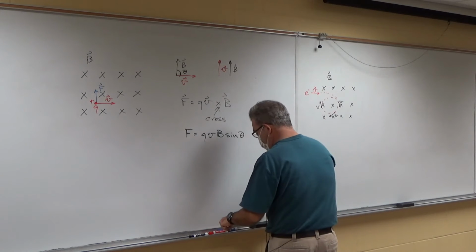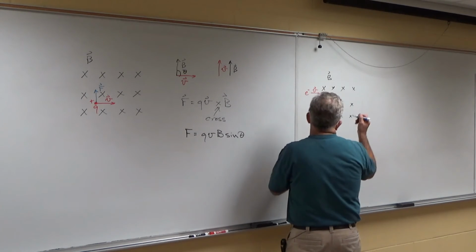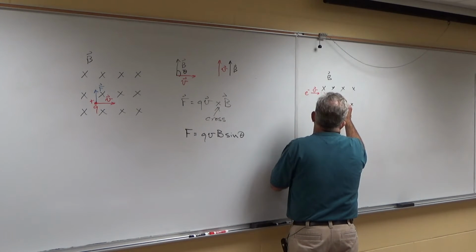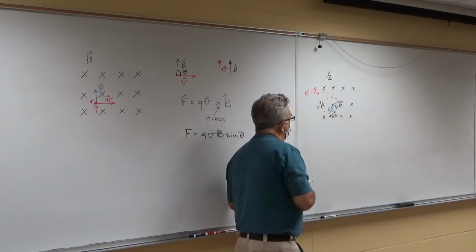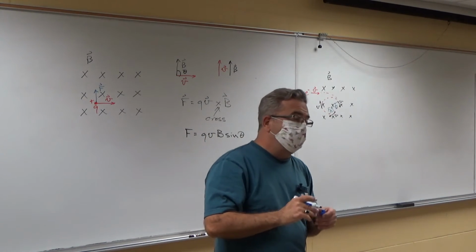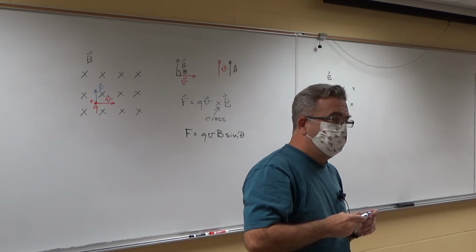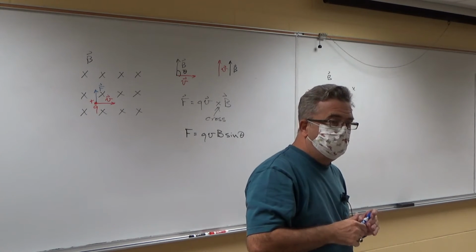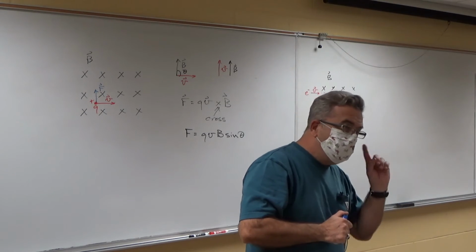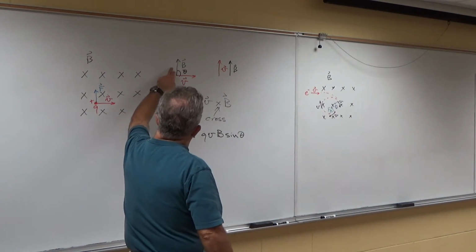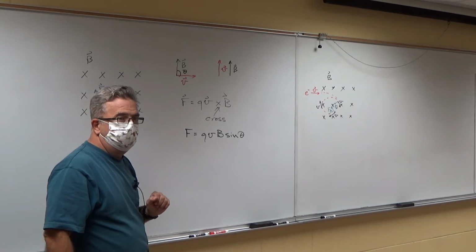That force is always at a right angle. I'm going to call it FB. I don't know if y'all can see this, but I should have drawn it bigger. But that force is always at a right angle to the velocity and the field. Because V and B form a plane.